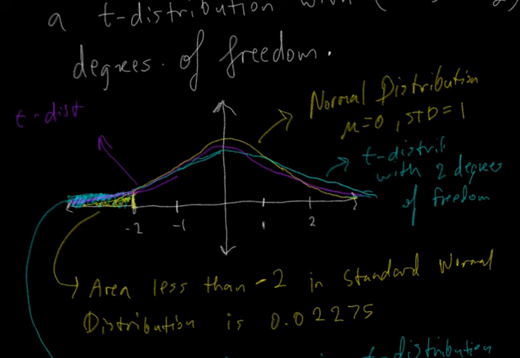So t distribution with 5 degrees, I'm going to just put df. Notice how this distribution is actually closer to the normal distribution. That is, there's actually less area in the tails right here.